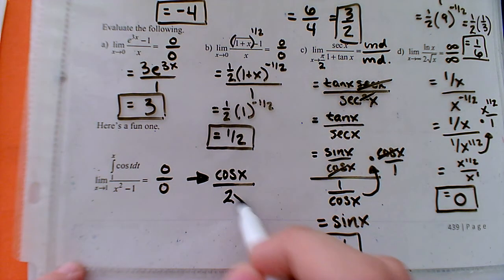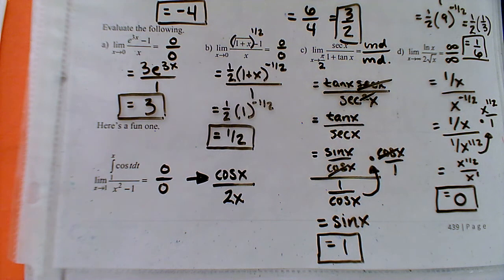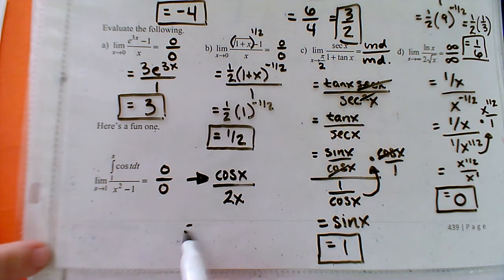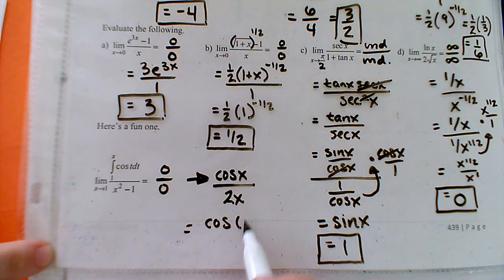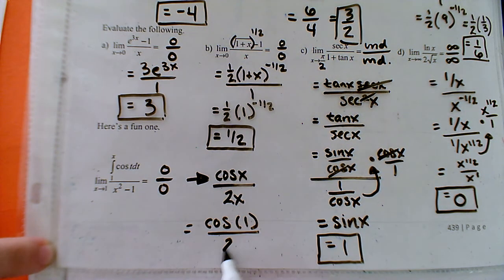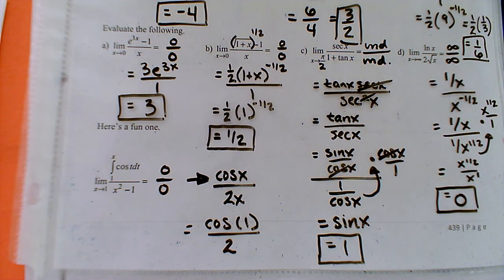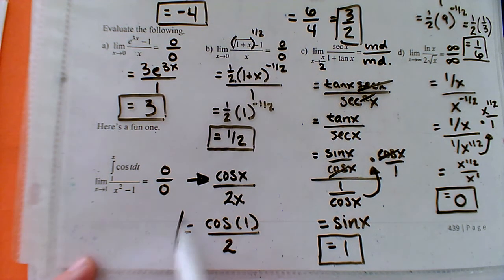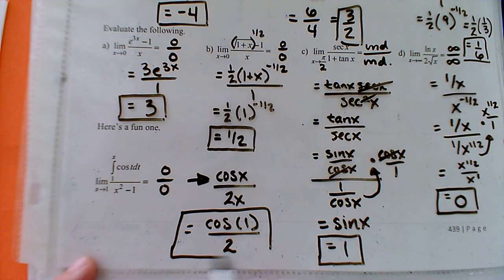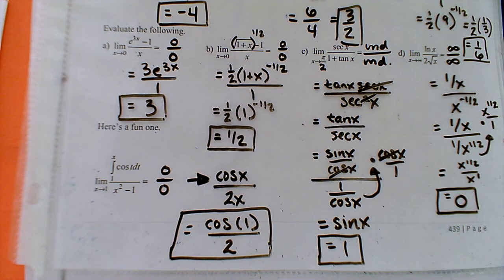We get 2x. So let's test L'Hopital's rule. We're going to try direct substitution. If we plug in 1, we'll have cosine of 1 on top and 2 on the bottom. I have no idea what cosine of 1 is, because that's not a radian on the unit circle. So we'll just leave it like that. Notice how we get a number. It's no longer 0 over 0, or infinity over infinity, or undefined over undefined.